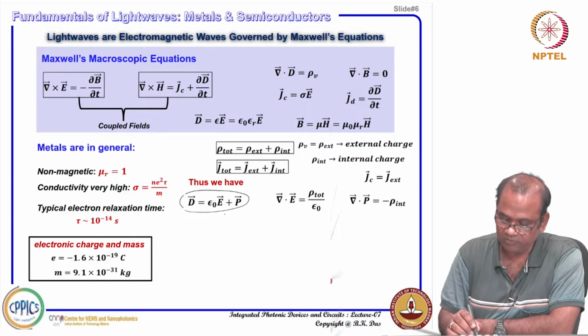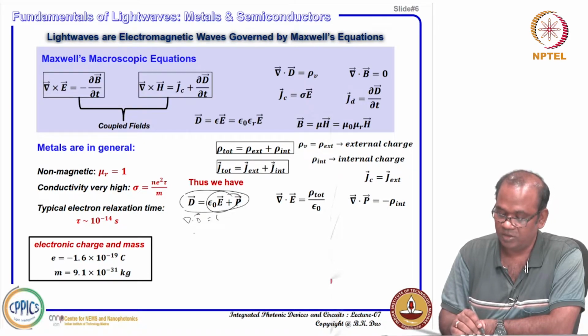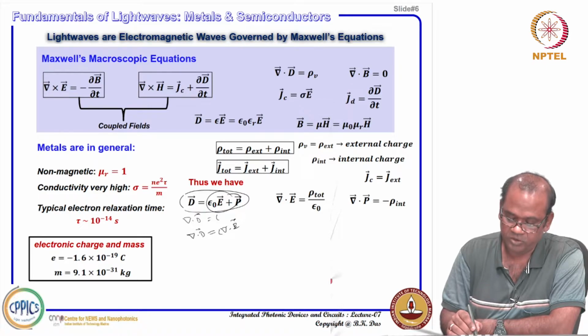Okay. Now for the displacement vector, the expression we discussed earlier, if we move on a little, we know that divergence D equals epsilon 0 divergence E plus divergence P, taking divergence on both sides.